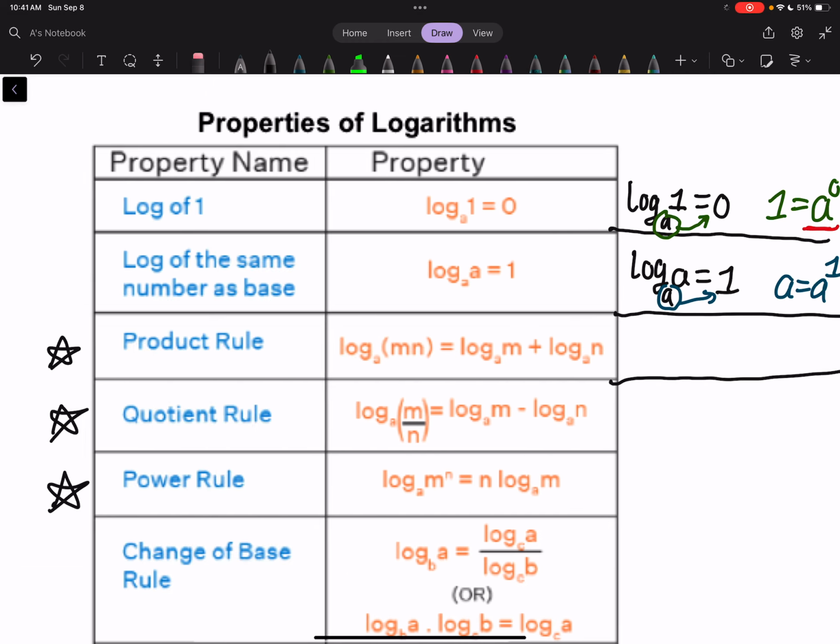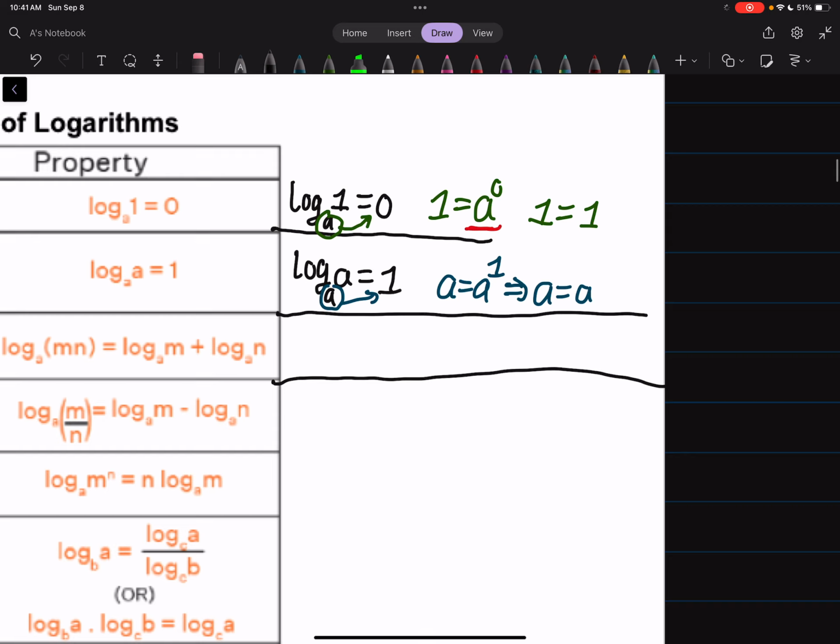Starting first, product rule. If I have log base a, so any number, of two things being multiplied, this is equal to log base a of the first multiplication number plus log base a of the second multiplication number. So here's your example. I'm going to choose a base of 3 for no reason other than because I wanted to.